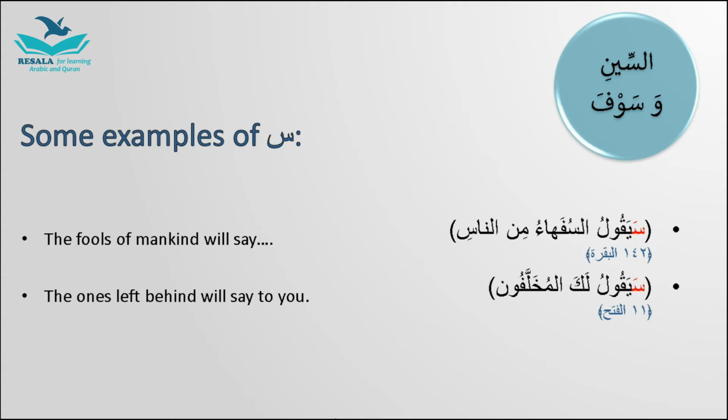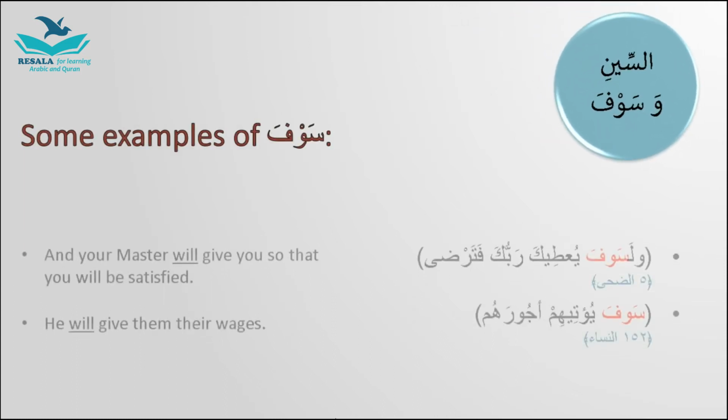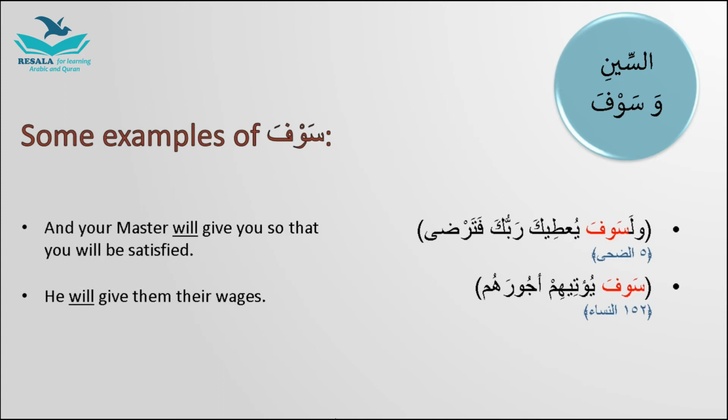It had the letter seen before it, and together they become سيقول, and the meaning now becomes he will say. Something will happen in the future. Some examples of سوف, قال تعالى: ولسوف يعطيك ربك فترضى، سوف يؤتيهم أجورهم.